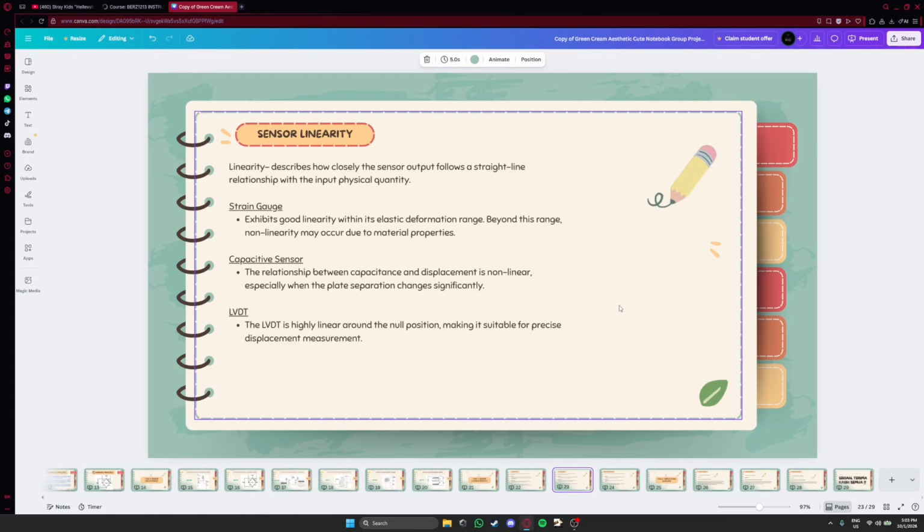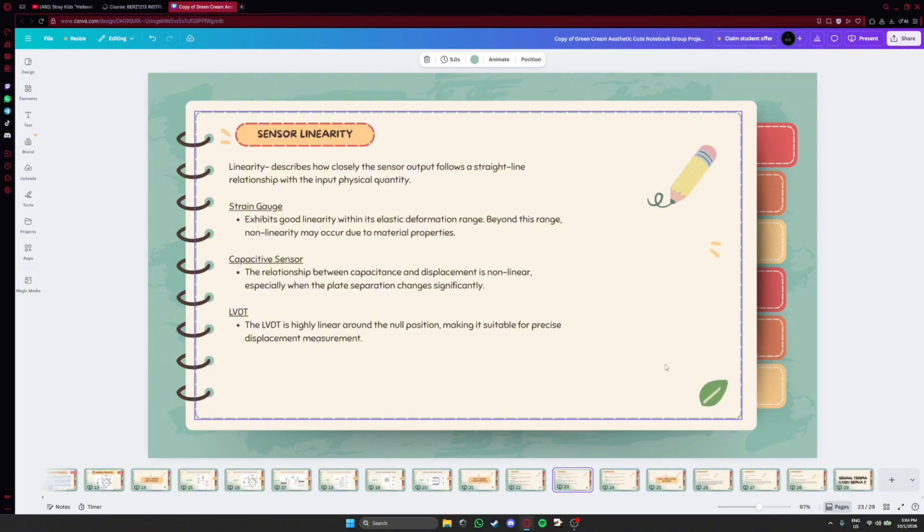For the capacitive sensor, the relationship between capacitance and displacement is nonlinear, especially when the plate separation changes significantly. And the LVDT inductive sensor is highly linear around the null position, making it suitable for precise displacement measurement.